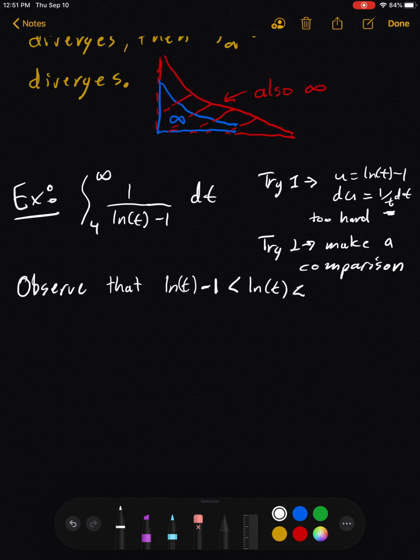And then that is less than just t itself.